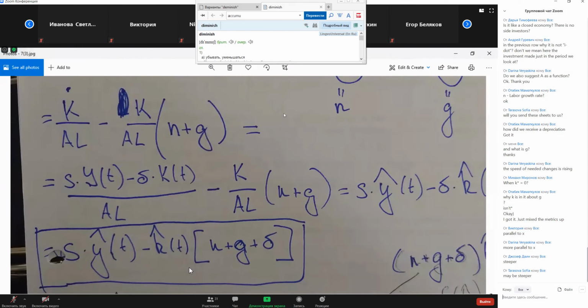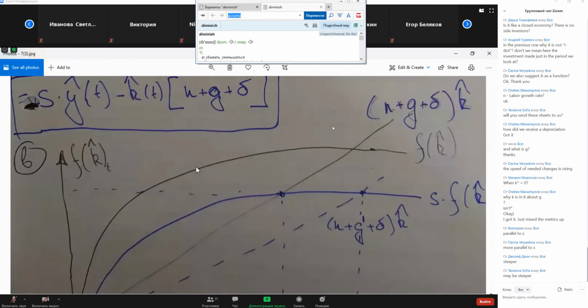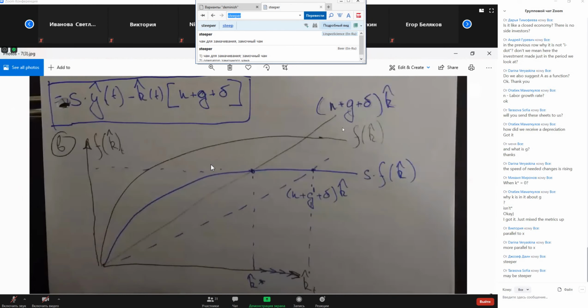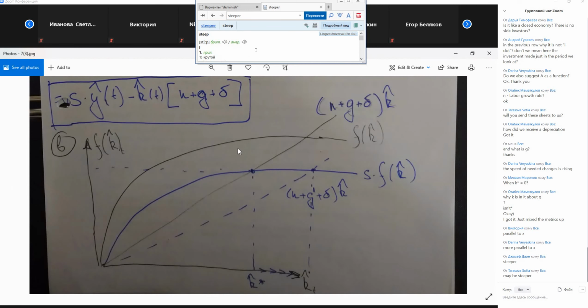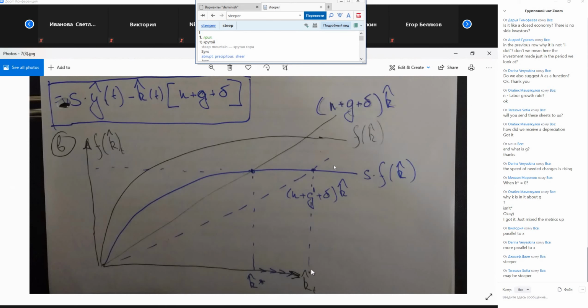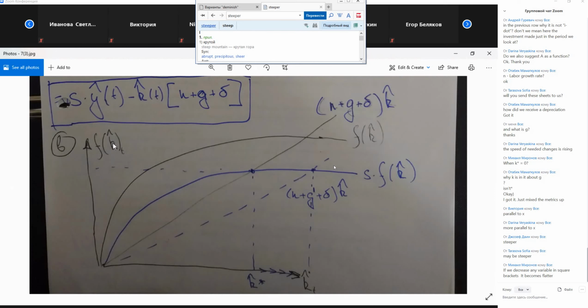I'll show you how it looks on the graph. So this is our Solow diagram. The Solow diagram plots the output as the function of capital per unit of effective labor. So on the y-axis, we have output.